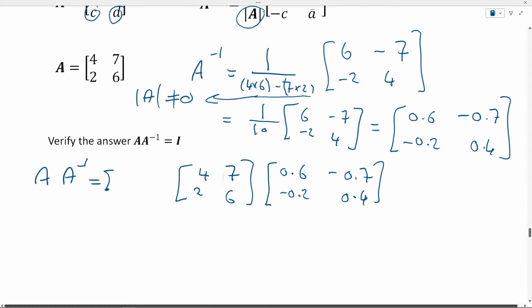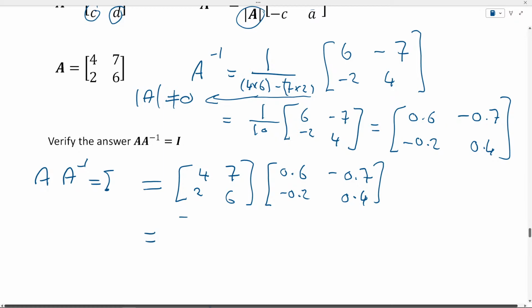So if I do this multiplication and it gives me something like 1, 1, and 0, 0, this means that I did something correct here. So let's do it.